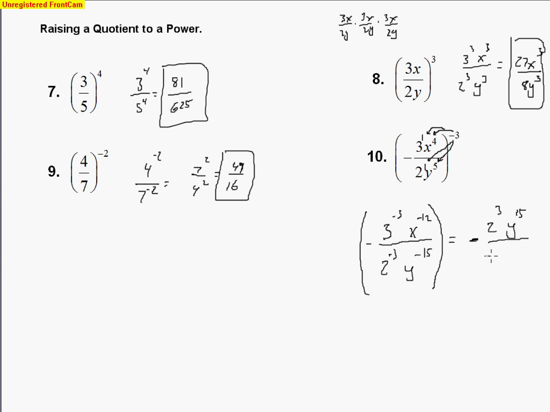So I'll write 3 to the third and x to the 12th. And now I'm going to go ahead and multiply out the number. So I still have that negative sign, and notice how there's only one negative, so it's going to be negative. So it's going to be the opposite of 8y to the 15th all over 27x to the 12th. You could have the negative sign up with the 8, down at the 27, or right in line with the fraction bar. Either way will work.